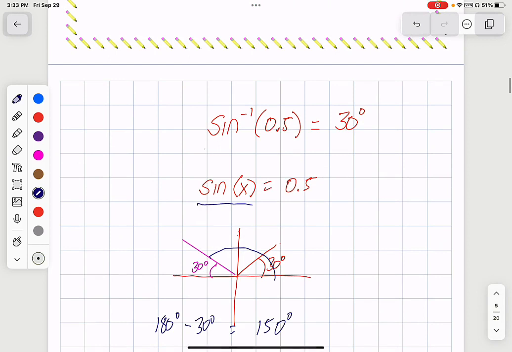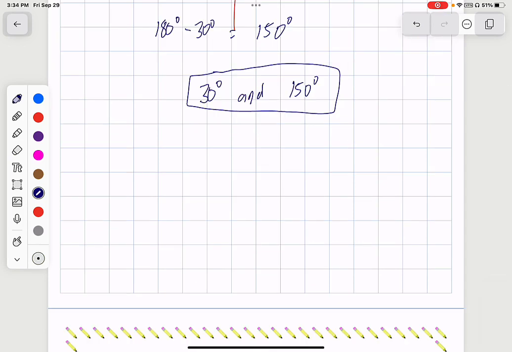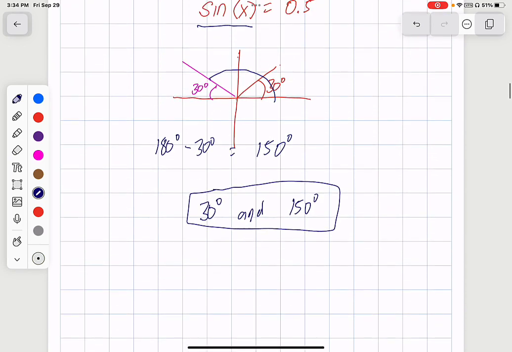However, if I'm given an inverse sine function, that would be either 30 degrees, or it could also be negative 30 degrees. So it's a bit different in terms of how we represent our answer, since we do restrict our angles between certain ranges. That being said, let's go ahead and work some of these problems.